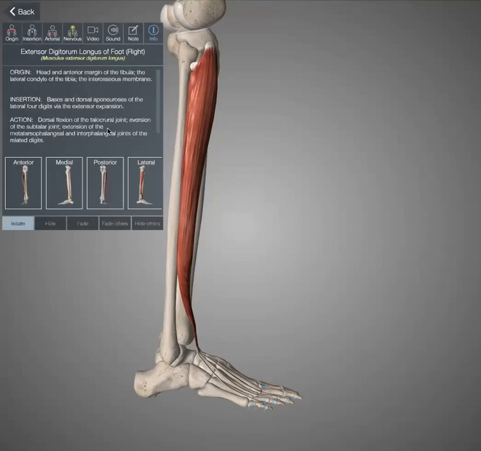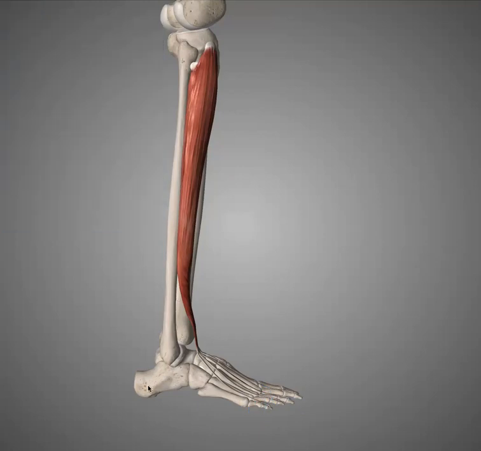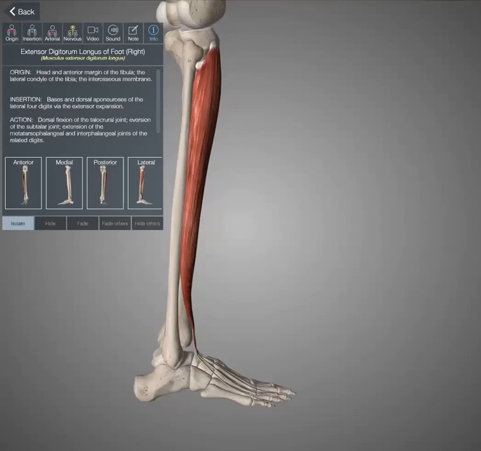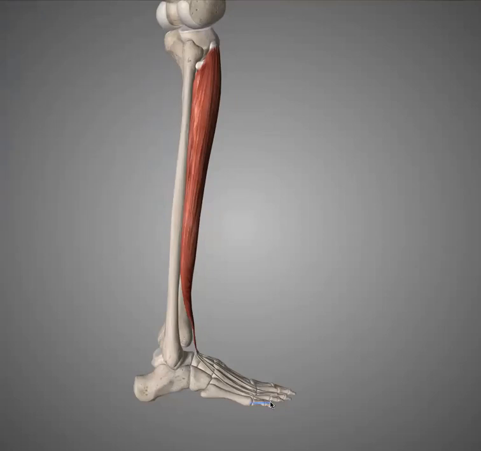Now, for the whole foot, on the other hand, let's imagine that the foot is not like that, but it is here. What it does is that if it contracts, it will cause the foot to move to this position. Okay? And this is called dorsiflexion. And let's imagine that this toe, as I explained in the beginning, is like this. We start here, and it will cause extension of the toes.